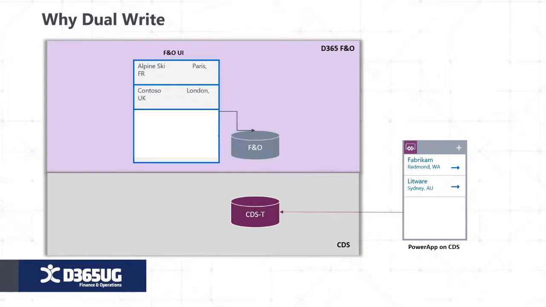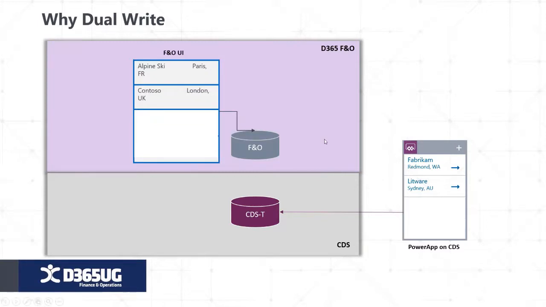What I'm showing you here is the UI, which is pulling some customer information that is written to the F&O database. Similarly, on the CDS side, I have Power Apps connected to the CDS, and it is probably reading some customer information as well.